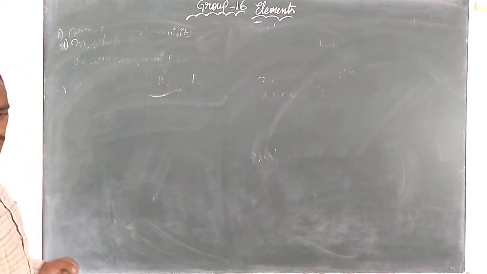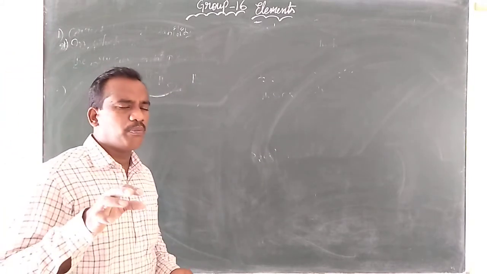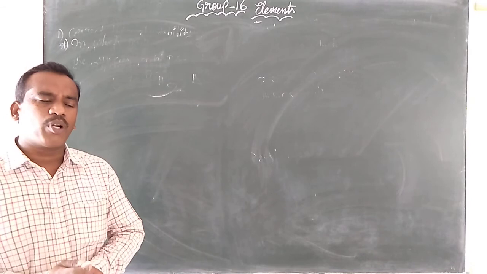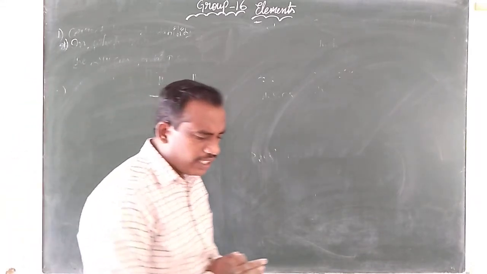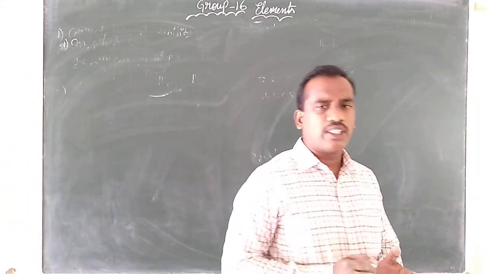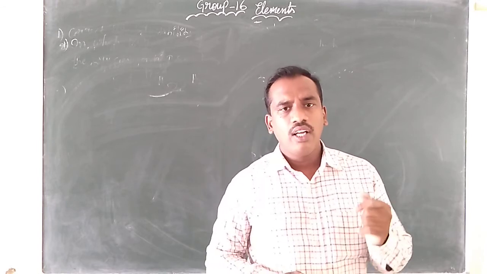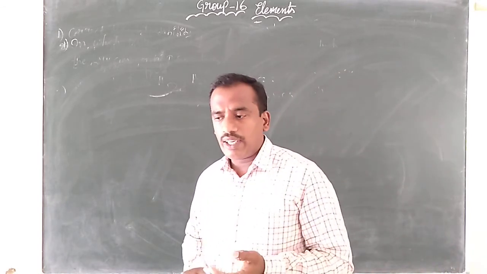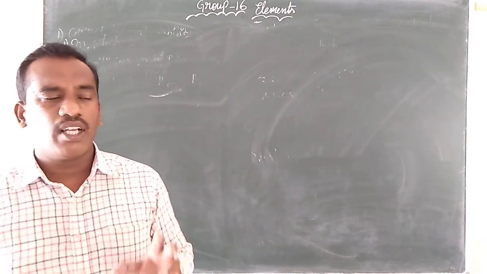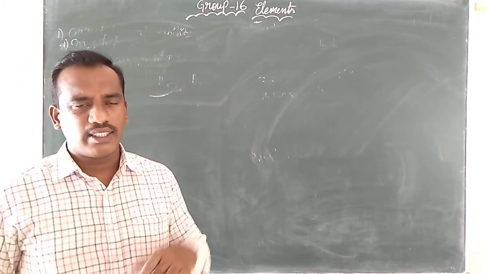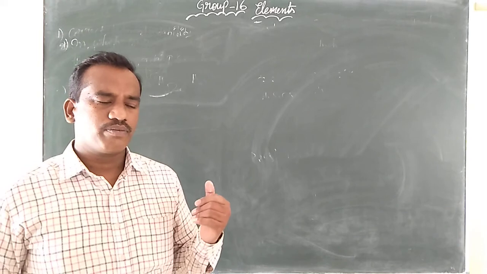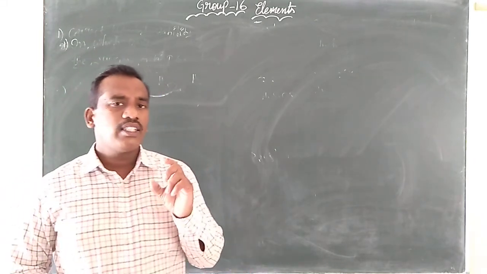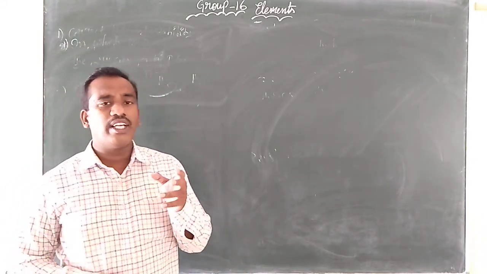So at last we can see the preparation of sulfuric acid and the properties of sulfuric acid. We have very strong properties there: it reacts with water and acts as a very good dehydrating agent, and also reacts with carbon. Sulfuric acid is a diprotic acid.